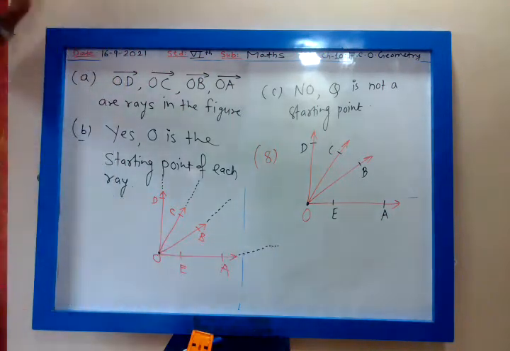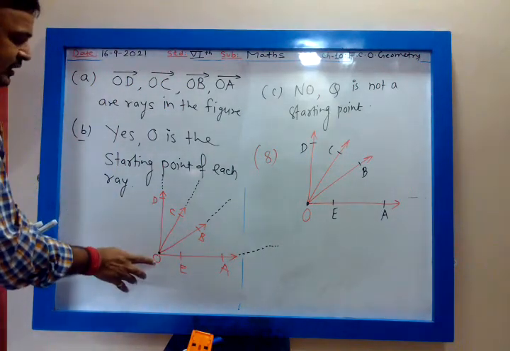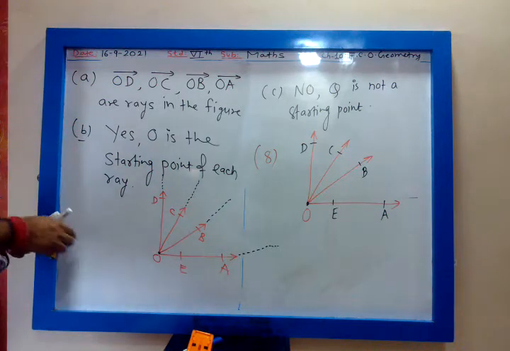So what is the starting point of each ray? D, C, B, A are not the starting points. O is the starting point, because O cannot be extended further.